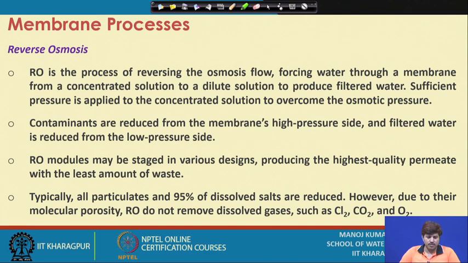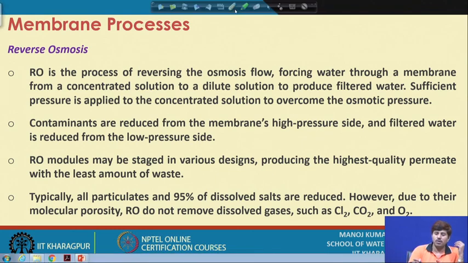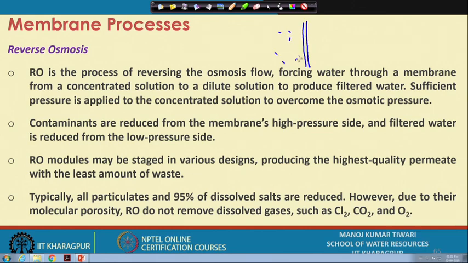The RO or reverse osmosis is actually the process of reversing the osmosis flow. So, what is osmosis? Osmosis is through a semi-permeable membrane, where this side is a zone of less concentration and this side is a zone of high concentration.